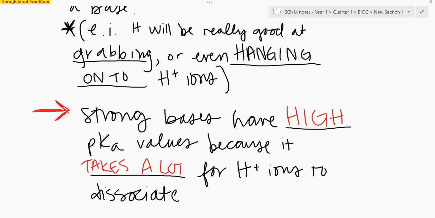So in this way, you can think of pKa values as the threshold at which the hydrogen ions will dissociate. So acids, because by definition they aren't as good at holding on to hydrogen ions, their threshold is much lower, whereas bases, which by definition are really good at hanging on to hydrogen ions, their threshold will be much higher. It's going to take a lot more to pull those hydrogen ions off.